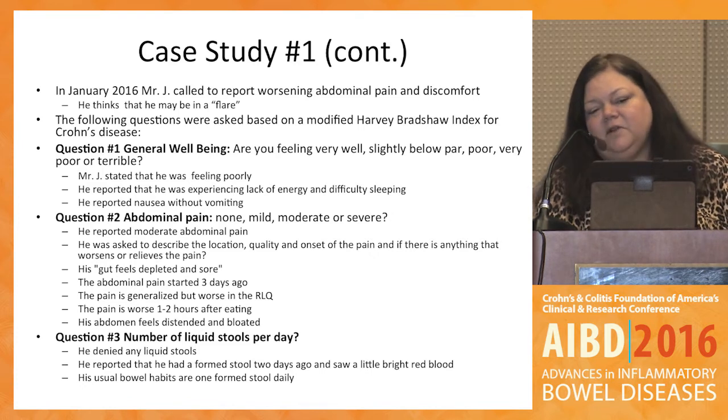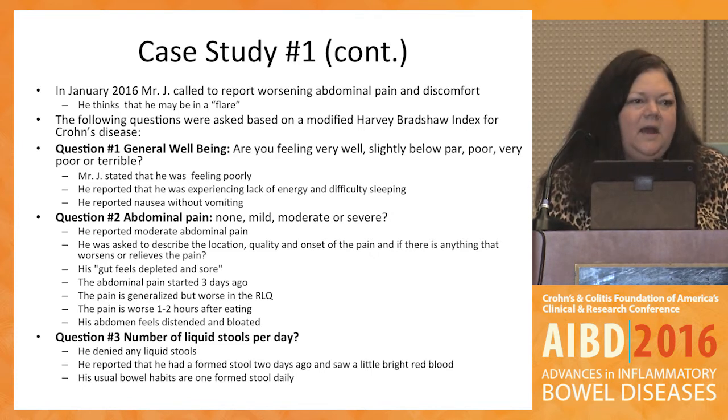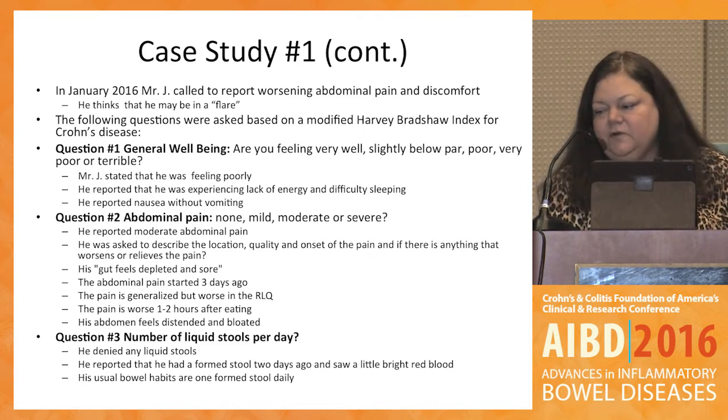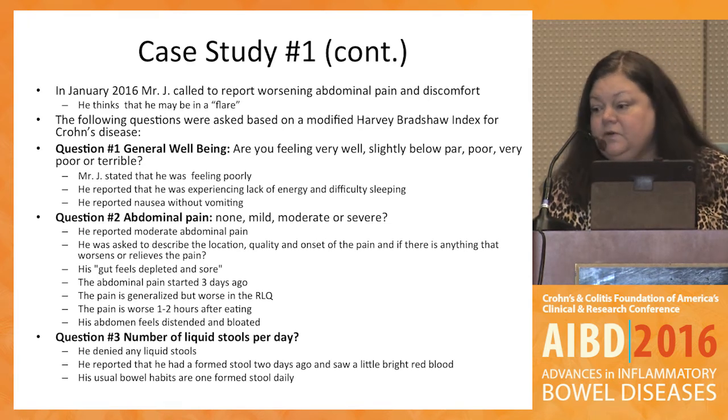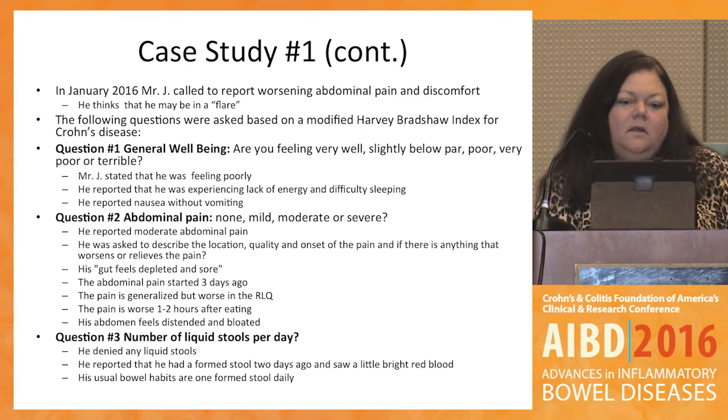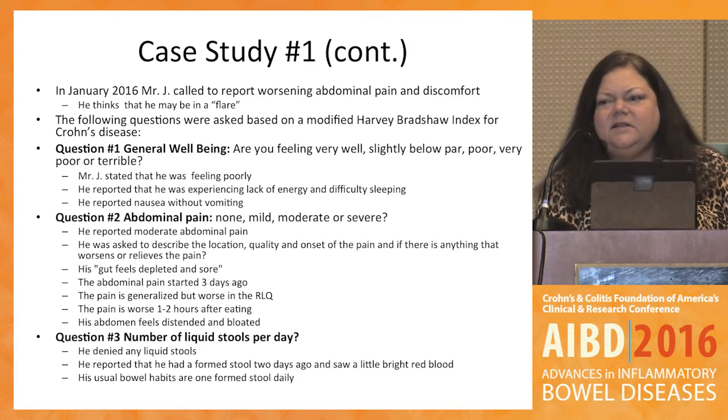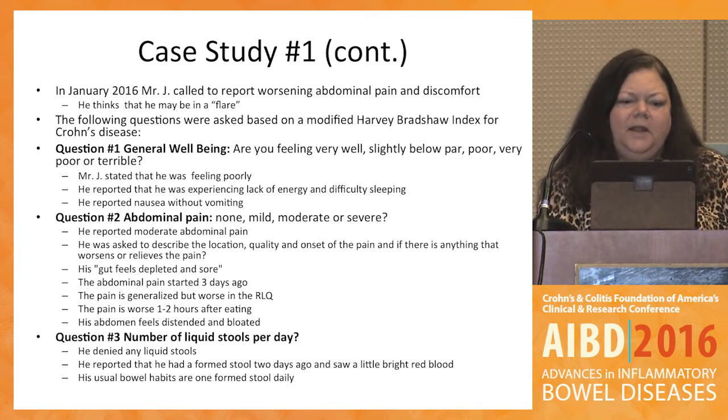He said he'd been feeling poorly. He'd been having a lack of energy, difficulty sleeping, and he said, I've been having a little nausea, but I'm not vomiting. Question number 2 is abdominal pain, and it can range from none to severe. He said he was having some moderate abdominal pain.